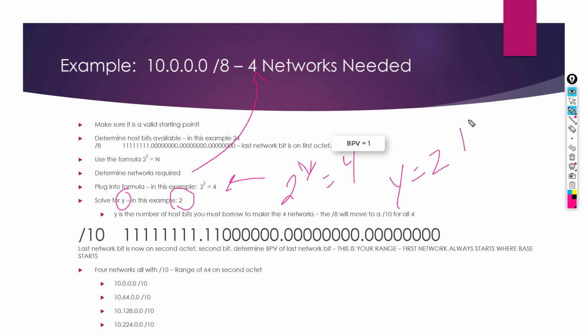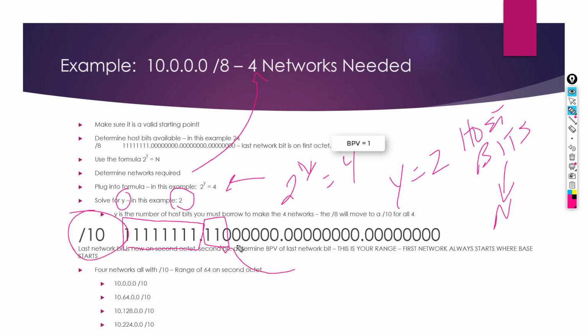So that is the number of host bits that we must borrow and turn into network bits. We already had 8, so we're going to borrow 2 more to give us a /10. And then we find the bit positional value of that last network bit.